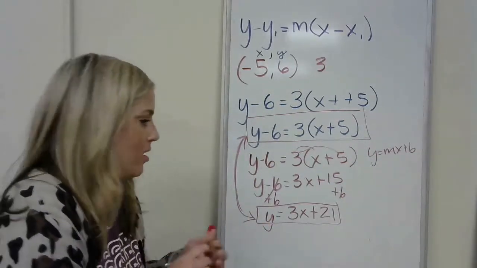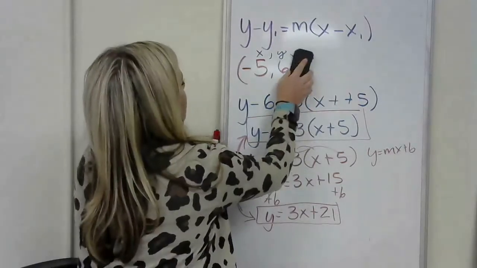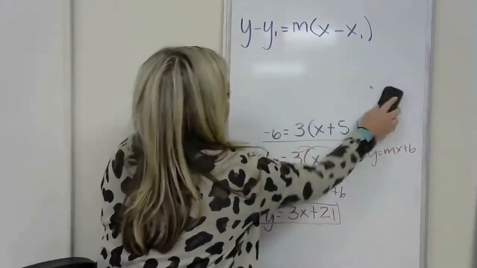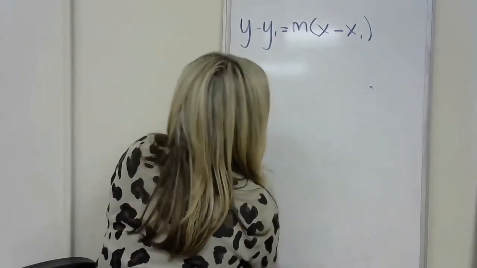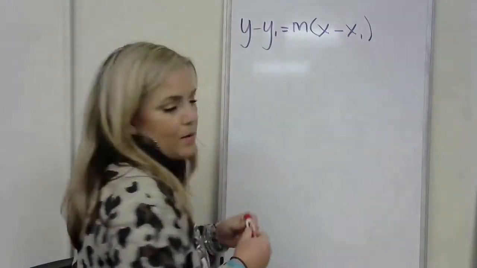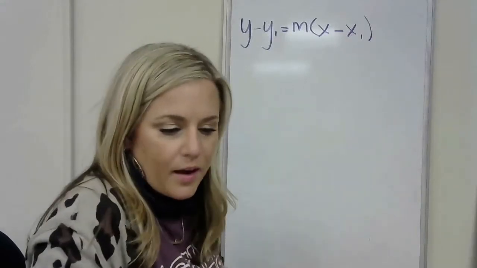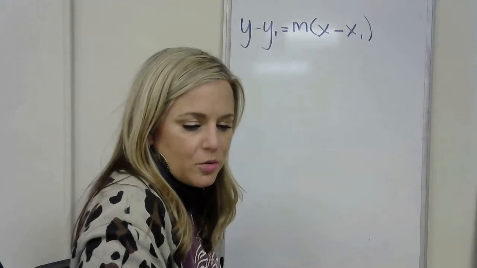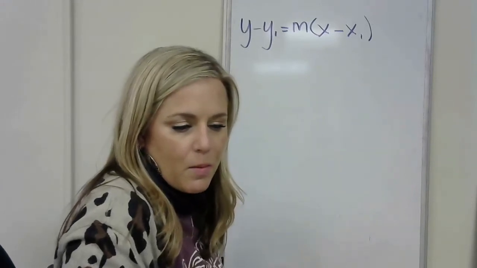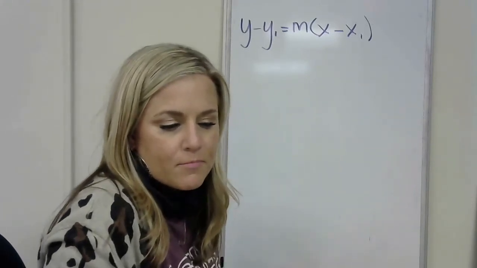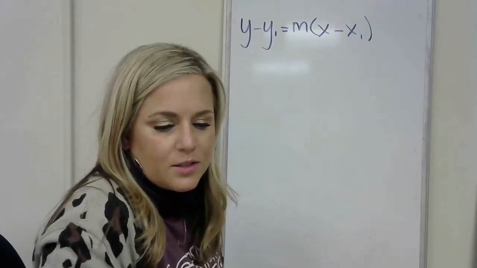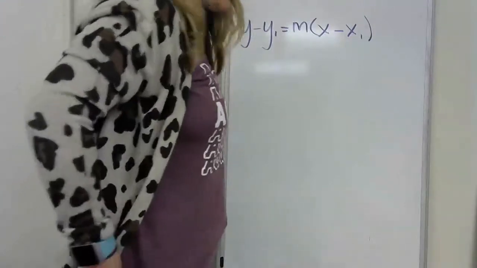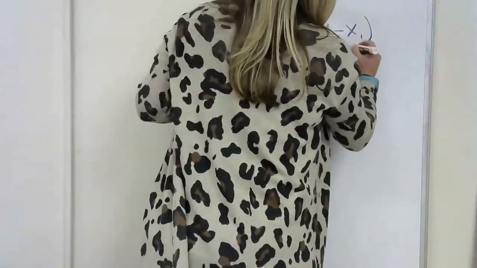That's easy enough, right? All right. So let me erase this again and we'll do another example. I'm going to write my points to the side. Okay, let's see. Let's do this. 6 and negative 6 over here.